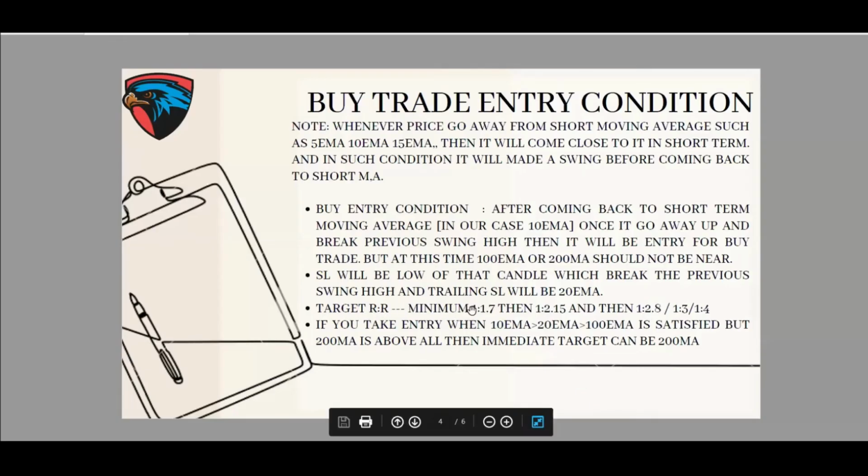your target risk reward is 1:1.7 first, then the second target will be 2.15, and then 2.8, then 3 and 4, on and on.